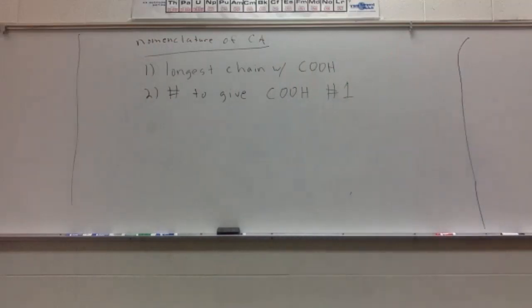Just like we saw before with aldehydes and ketones, it is understood to be carbon number 1. You don't have to write a 1 and then a term for the carboxylic acid. You can always assume it's there.